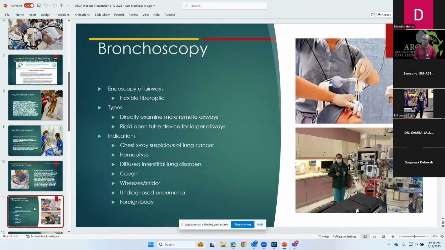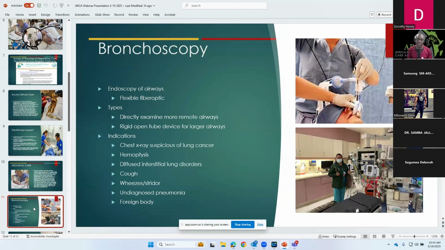So bronchoscopy is when a doctor goes down a patient's nose or mouth into the lungs to see what's going on. The picture at the bottom is our own lab. That is one of our respiratory therapists that works in there. And a doctor could go into a patient's lung for several reasons.